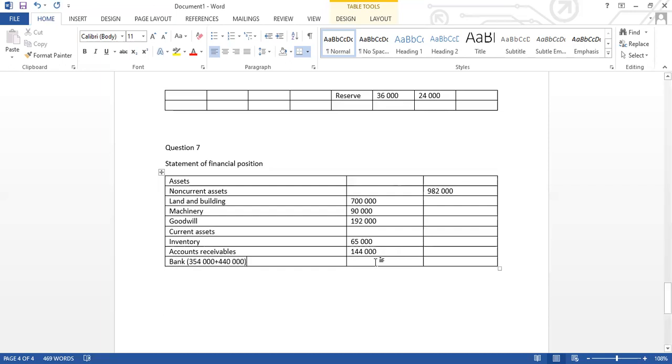So how much will we have as our new bank total? 794,000. So what will be our total current assets?